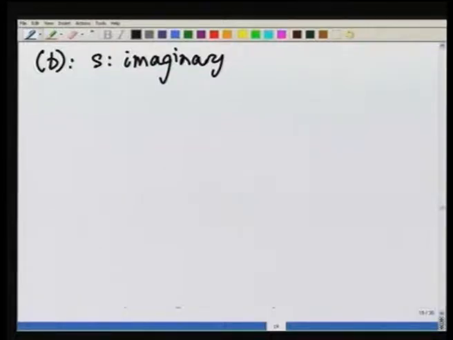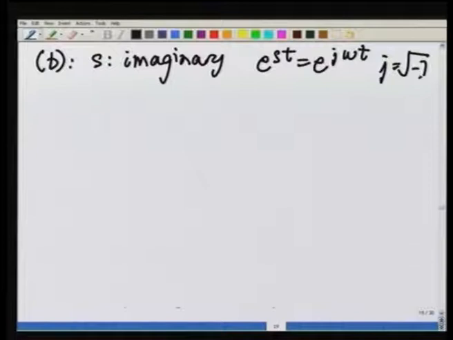When s is imaginary, e to the st becomes e to the j omega t, where j is the notation for the square root of -1. Fine. So, what happens when s is imaginary, when x t is e to the j omega t?